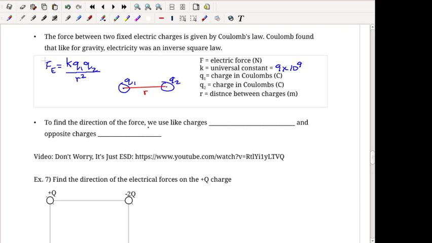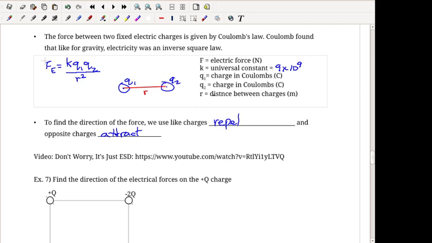So to find the direction of the force, we use the rule like charges repel and opposite charges attract. So in this case, whether this force turns out to be positive or negative, we're actually going to ignore. We're more interested in whether the charges are the same, then they're going to repel each other. If they're different, they're going to attract each other.